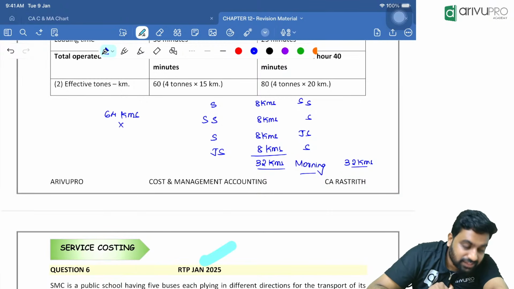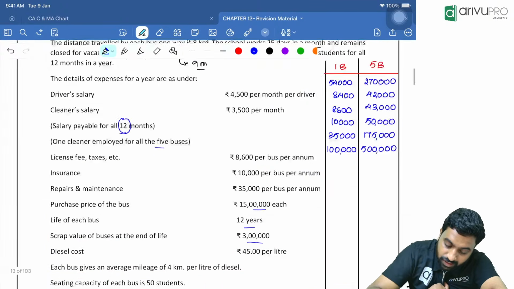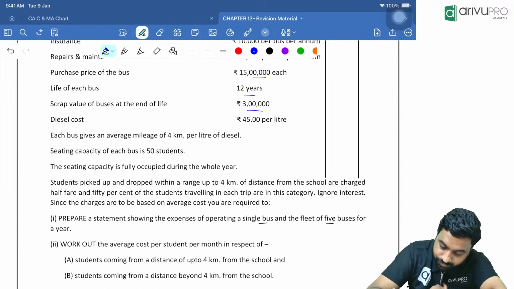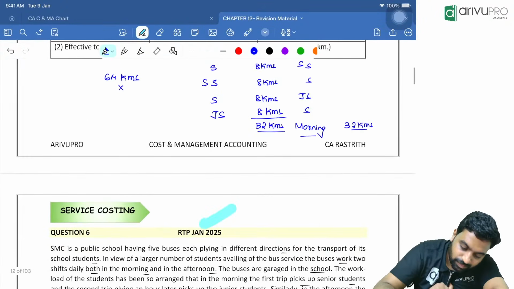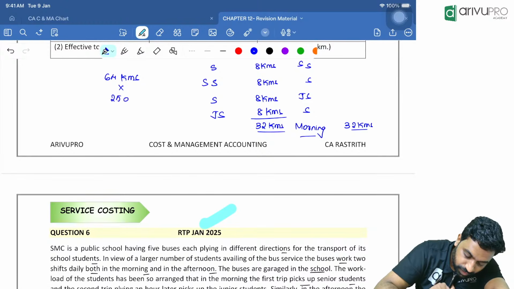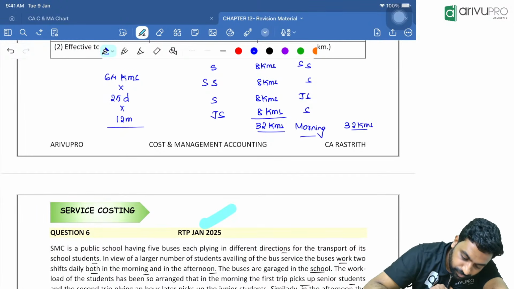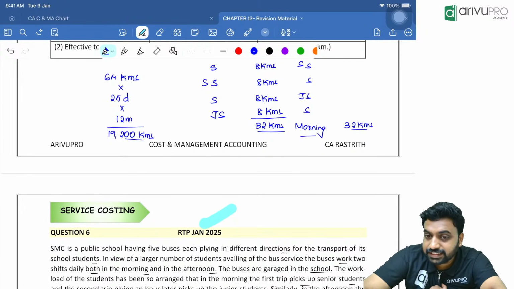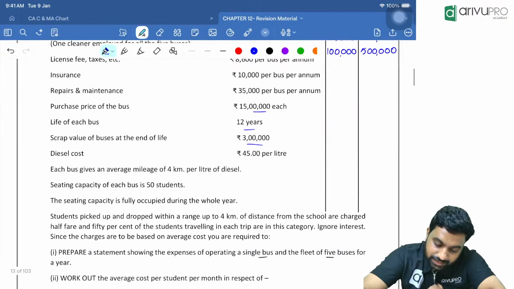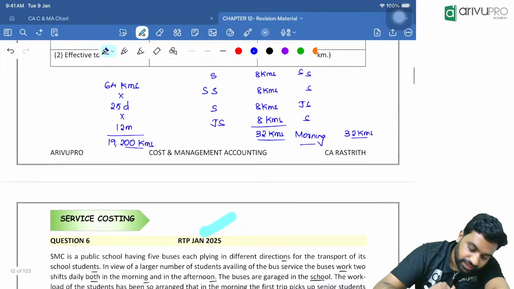Now, one bus is traveling 64 kilometers per day for how many days in a month? 25 days in a month. And for 12 months. In a year, the bus is going for 19,200 kilometers, whereas diesel cost is 45 per liter.